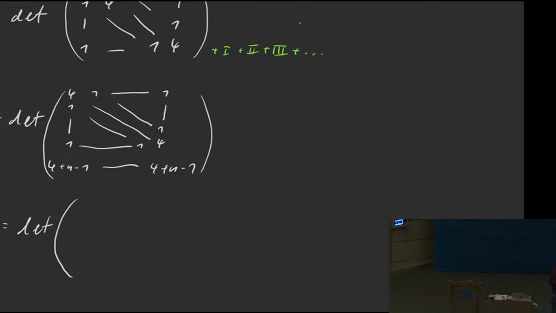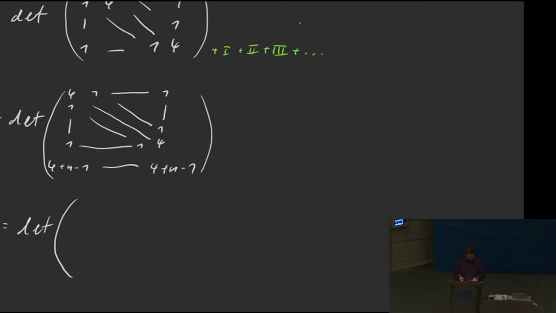Other suggestions maybe? Yeah? So you're taking out the factor in the last row, and then you have all 1s, and you subtract that. Yeah, you could do that. Or I could just work with columns. Similar result. Let's try that, because it's quicker.